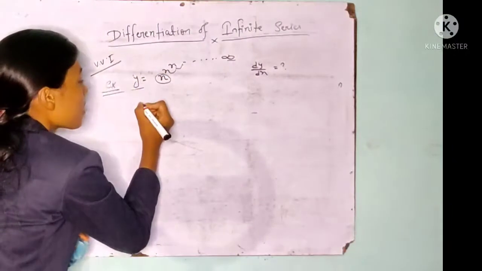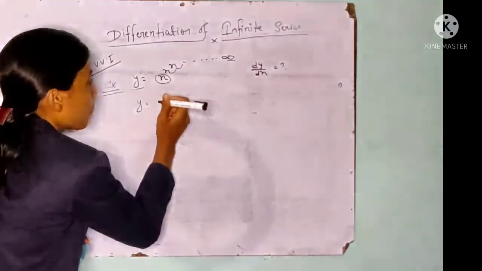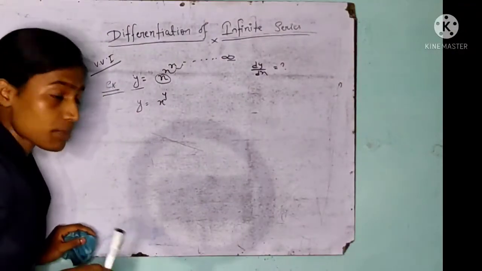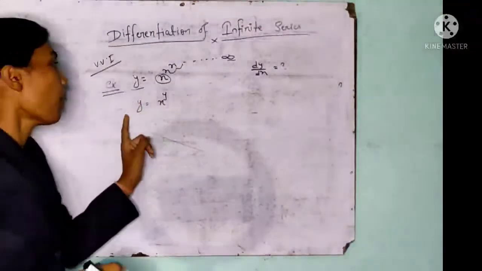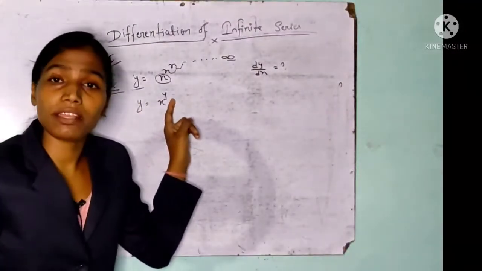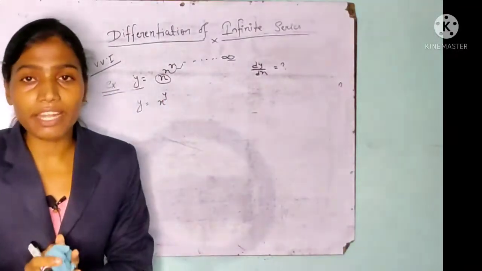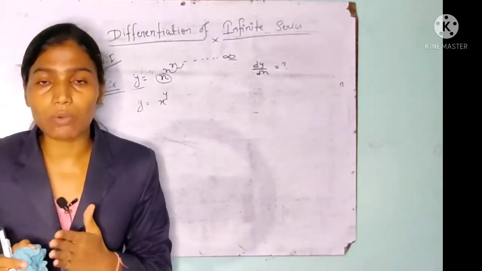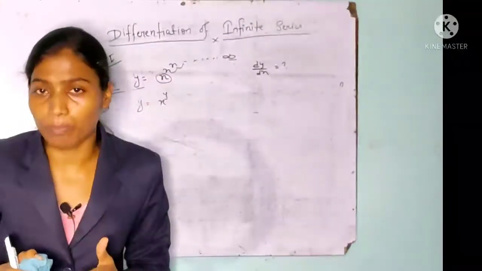So first we arrange this function: y is equal to x to the power y. I already explained this; again I will explain. When you get a repeated function, you take one term out and the remaining you put as y. How?